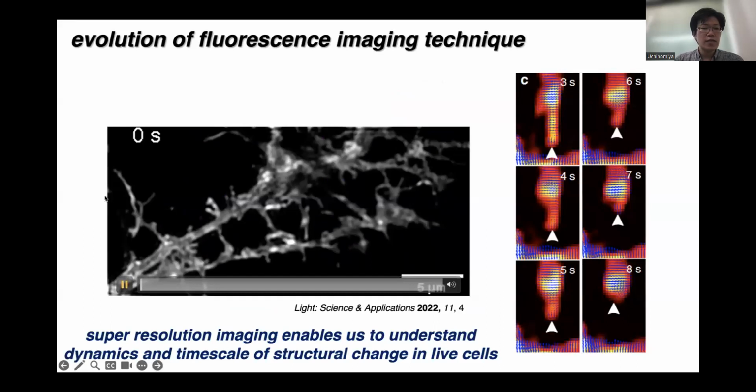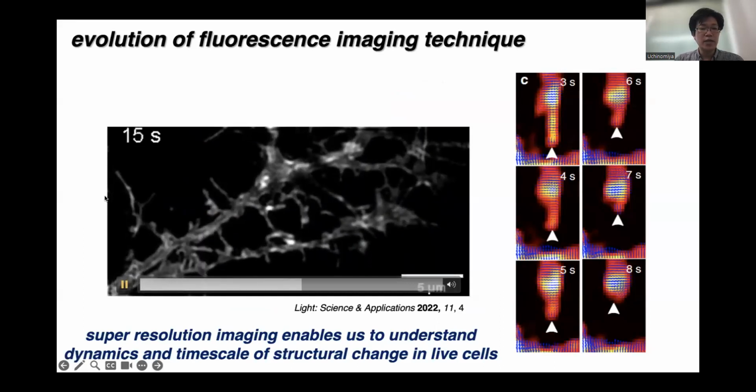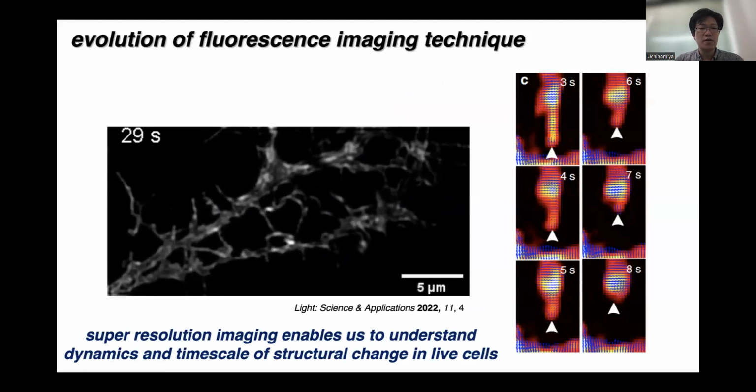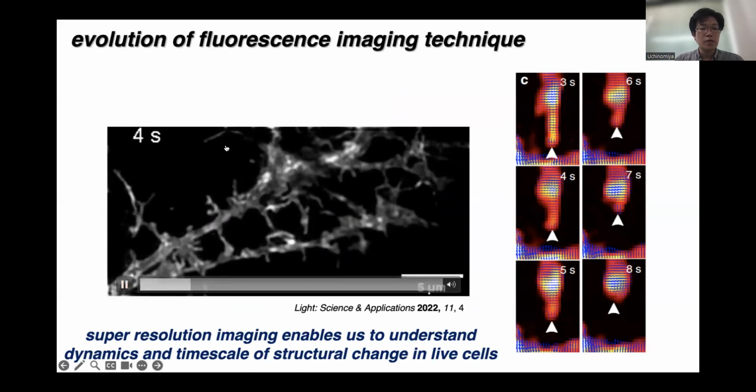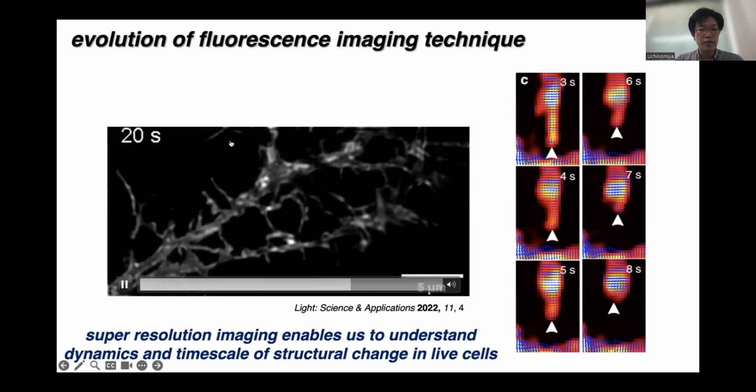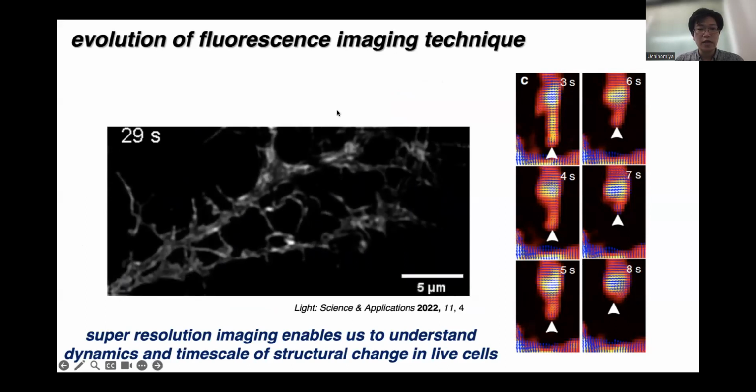This is live cell super resolution imaging inside cells. This is an organelle, and here you can see the structural change. This is the expanded image of here. Like this, fluorescence imaging can also be applied for super resolution imaging in live cells.